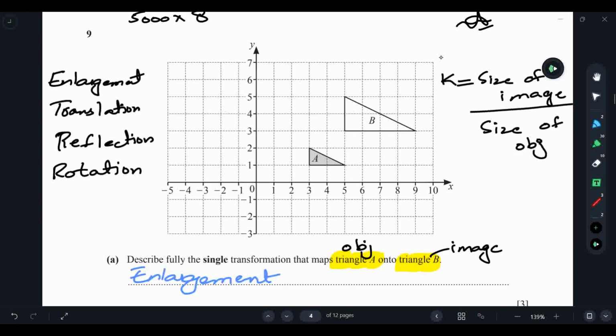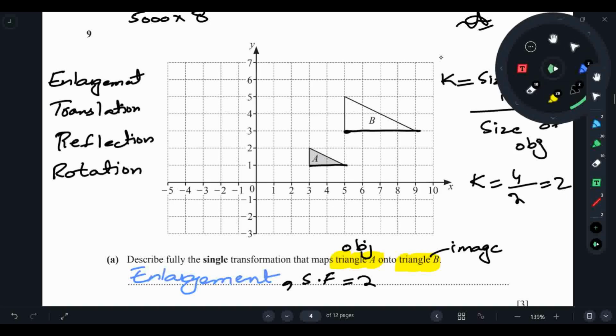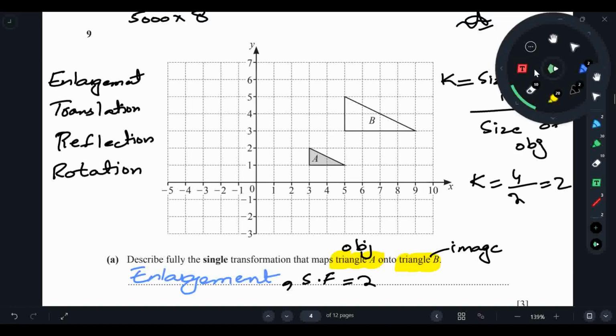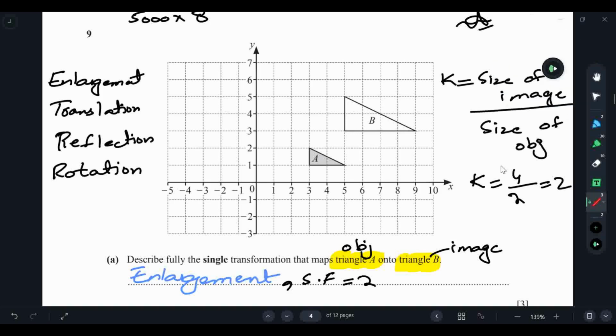For the image, we can compare any two sides. Like this, the length of this is 4 units, so K will be equal to 4 divided by the length of this side, which is 2 units. So finally the scale factor will be 2. So scale factor is 2. Now the last thing we need to find out is the center of enlargement. How can we find the center of enlargement?